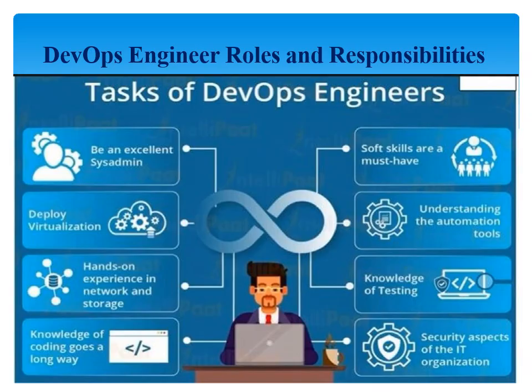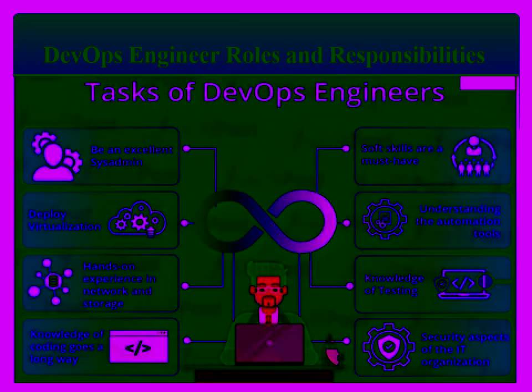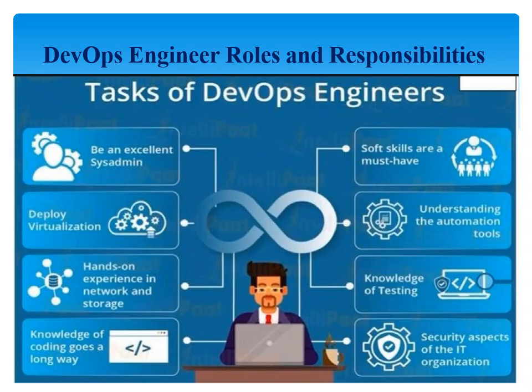So these are the roles and responsibilities of a DevOps engineer. The DevOps engineer should be excellent in system administration, and he can deploy virtualization, with hands-on experience in network storage, and knowledge of coding goes a long way.